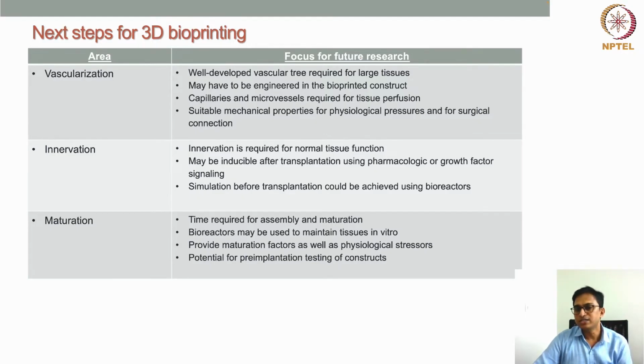So that is another thing. Bioprinting of vascularized tissue constructs is the focus of future research, and that can take bioprinting to the next level.